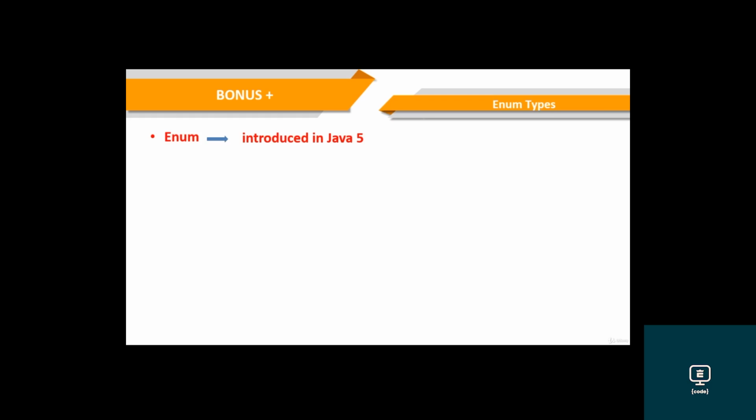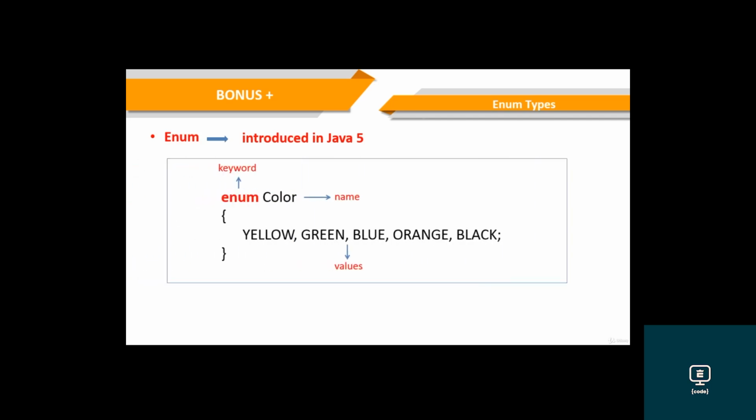So the enum keyword is used to create an enum type. In our example, we define the Color enum type, and the Color has some constant values, such as YELLOW, GREEN, BLUE, ORANGE, and BLACK.